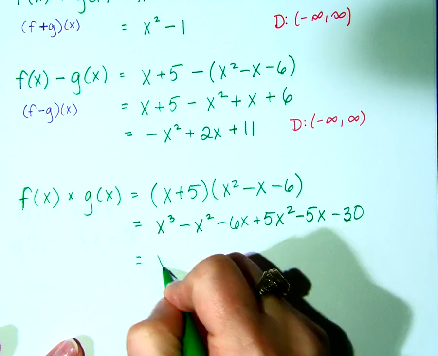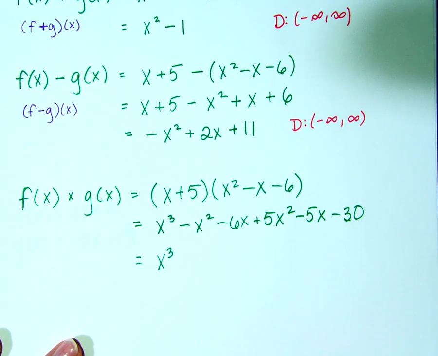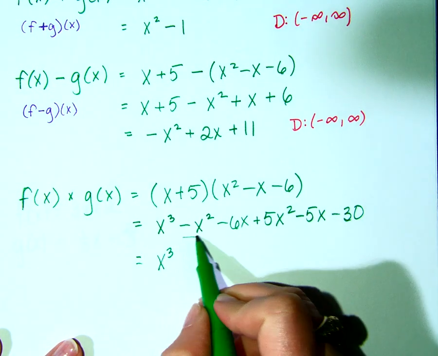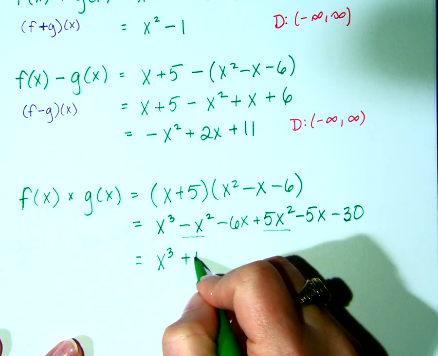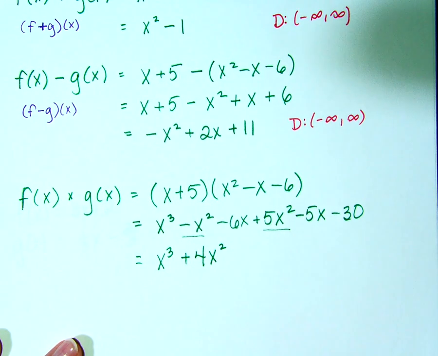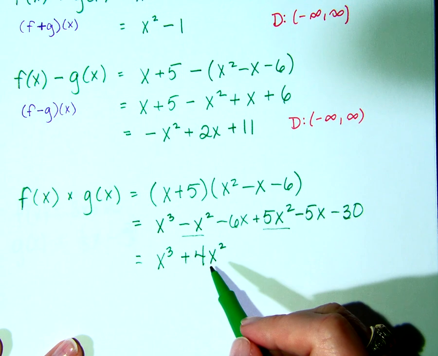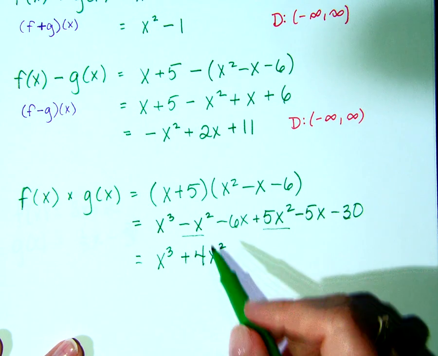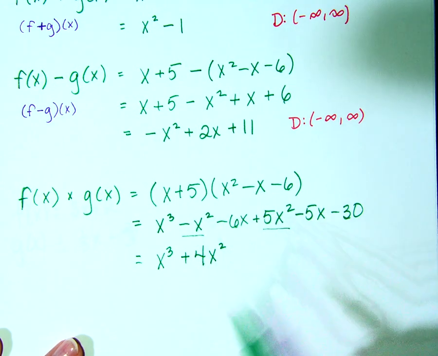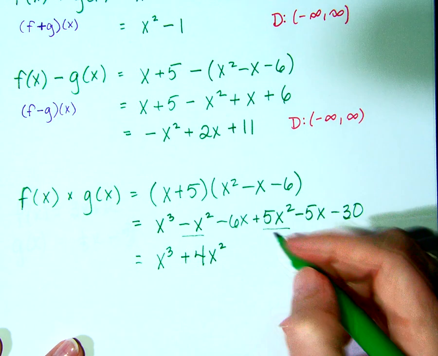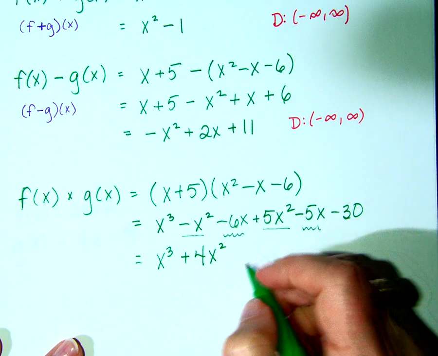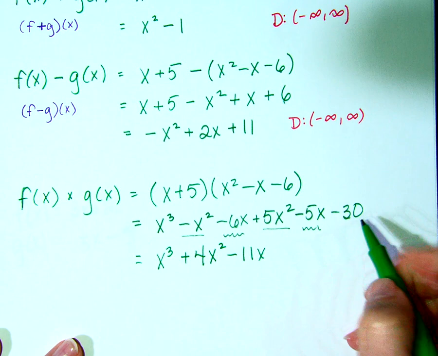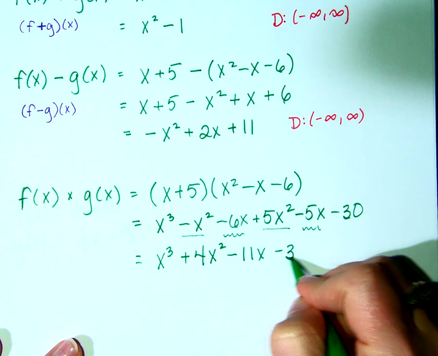Excellent. X cubed. Good. 4x squared. Everybody okay why it's 4x squared? Yeah, a minus 1 and a positive 5, that's positive 4. And then I've got negative 6x and negative 5x. Negative 11x, and then minus 30.